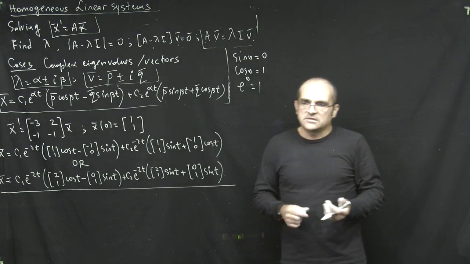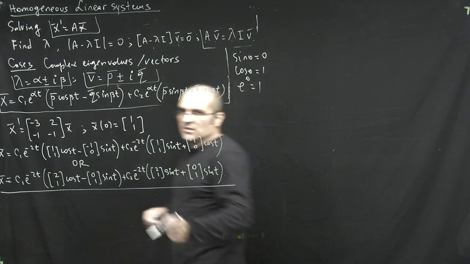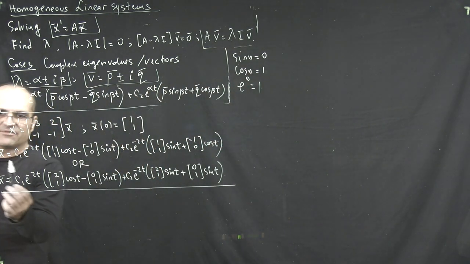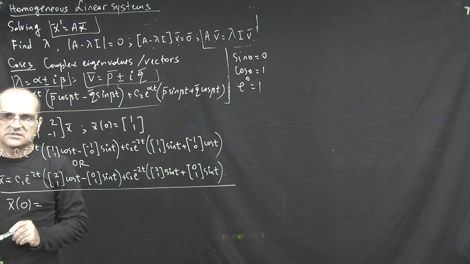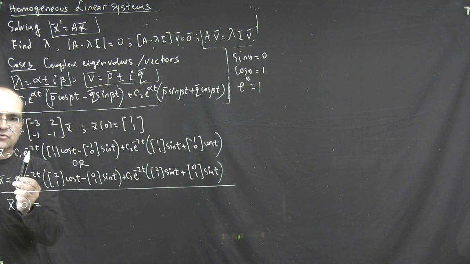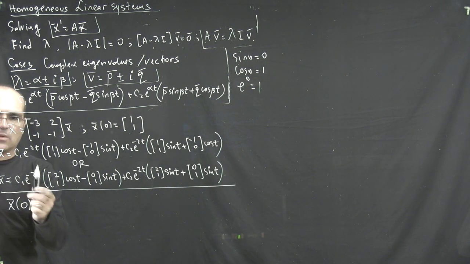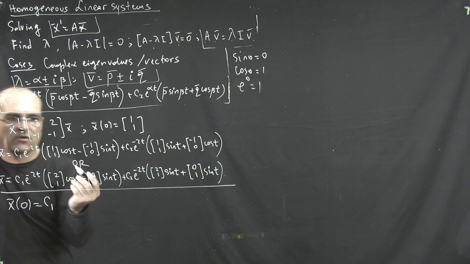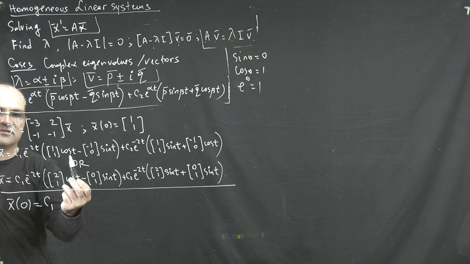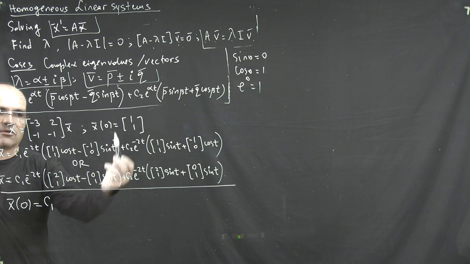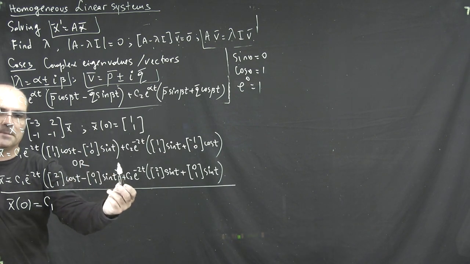So let's use the first version here. x of 0 equals e to the 0, which is 1, so you're left with c1. And be careful here on the first parenthesis: what survives is just 1, 1, because cosine of 0 is 1, sine of 0 is 0, so this part goes away.